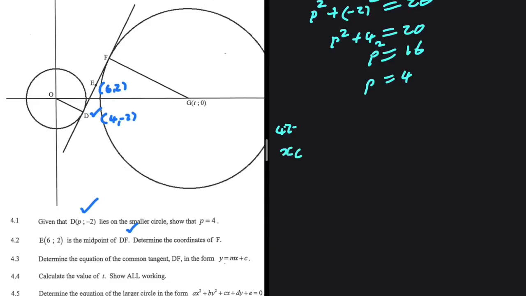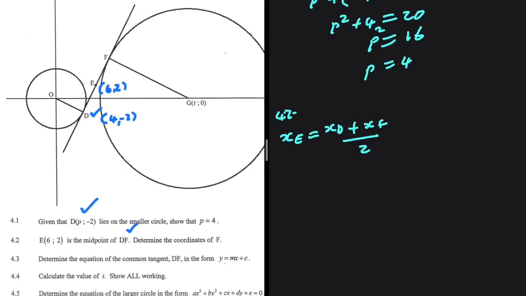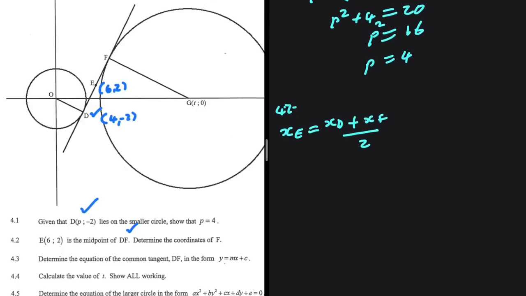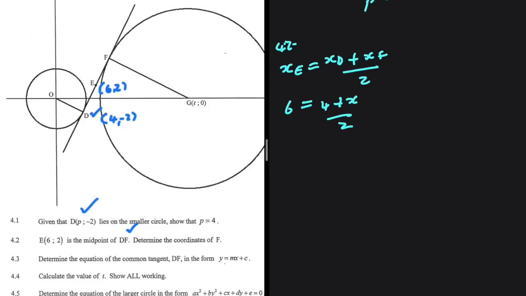So x of E is equal to x of D plus x of F, everything divided by 2. X of E is 6. X of D is 4, plus x of F, everything divided by 2. If we cross multiply here, we get 4 plus x being equal to 12. So x is equal to 8.